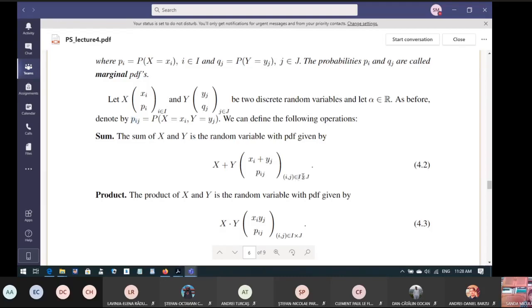Since both i and j here, the sets of indices, are at most countable, this Cartesian product is at most countable as well, so the result is still a discrete random variable. Now, we're going to look at some examples in a short time. A few things. First of all, you only operate on the values.